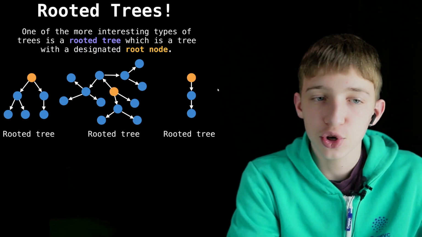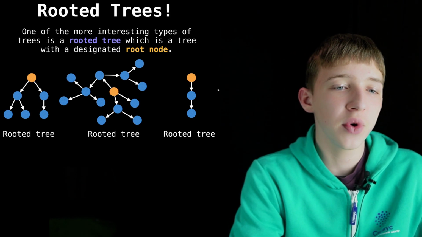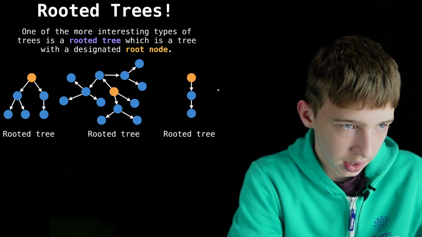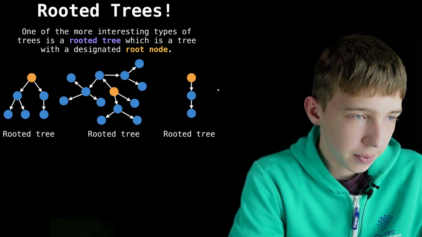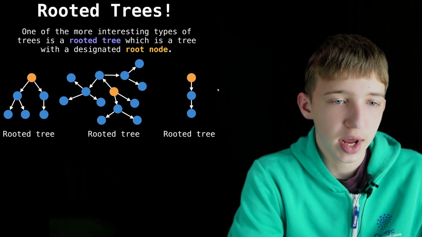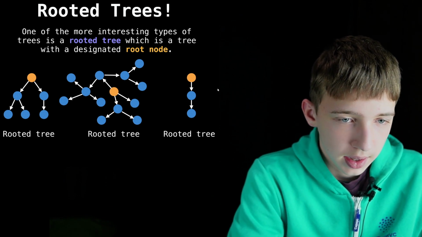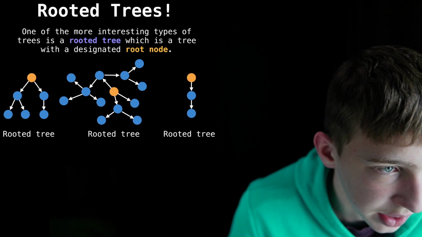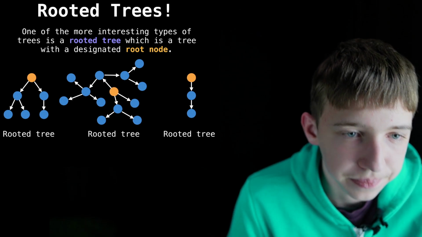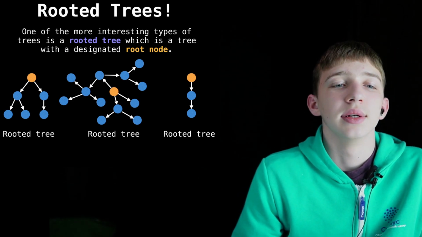So these are the trees with a designated root node. For example, here the root node is highlighted in orange, and this is the rooted tree in the example.